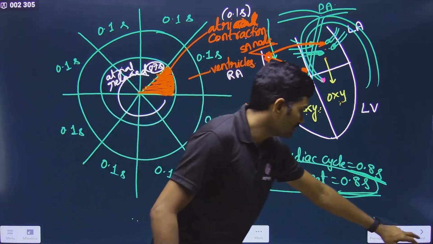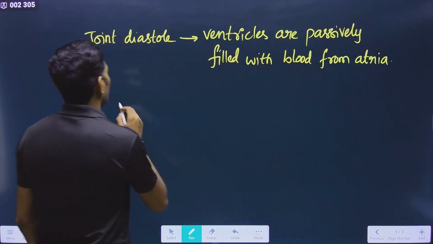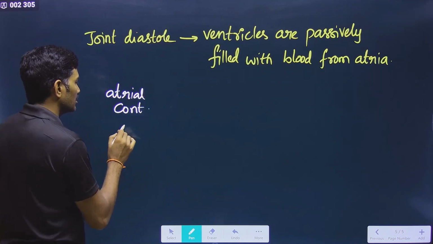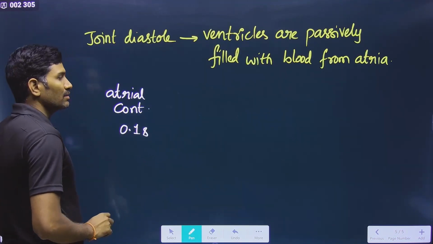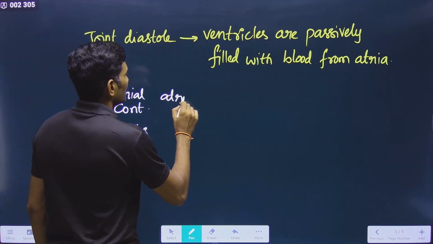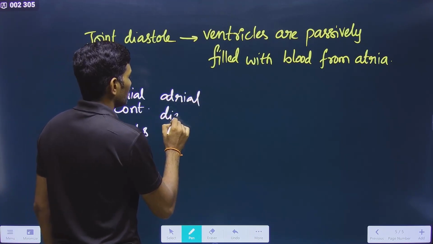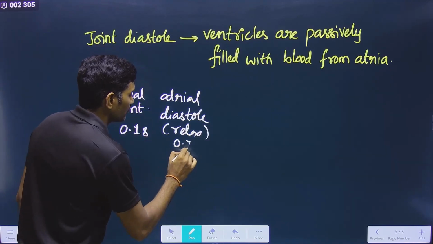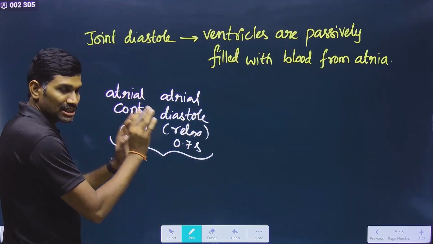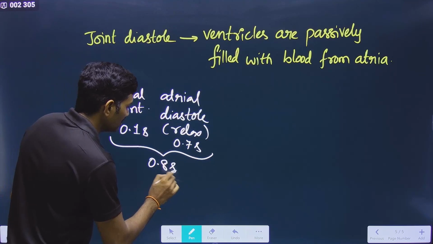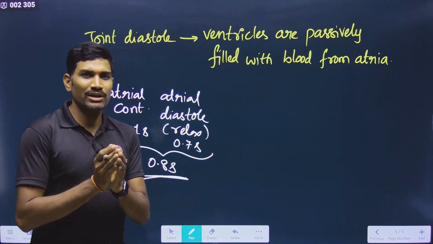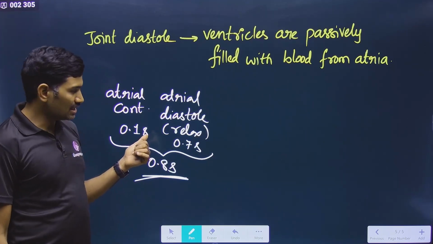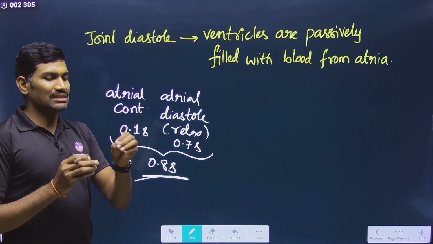Atrial contraction is for 0.1 second, whereas atrial diastole, which means relaxation, is for 0.7 seconds. In this 0.8 seconds, atria contract only for 0.1 second, and the remaining 0.7 seconds they are in relaxed state.